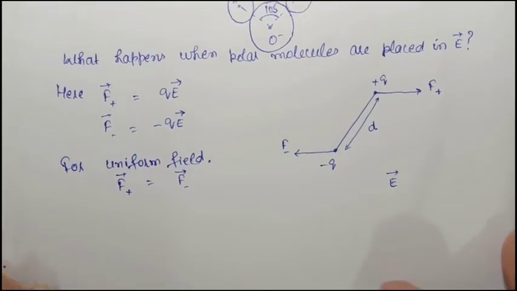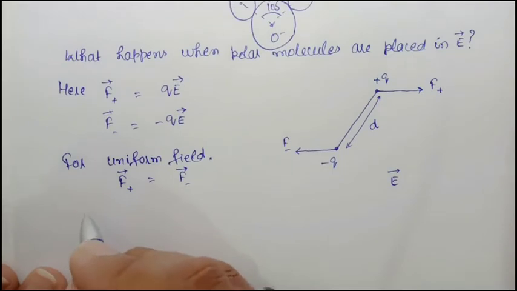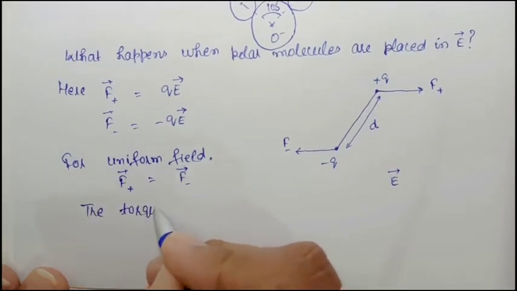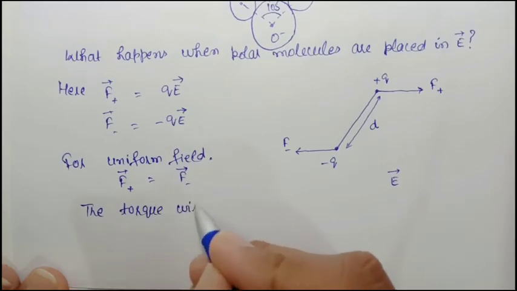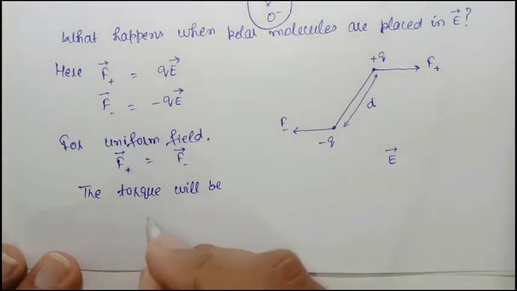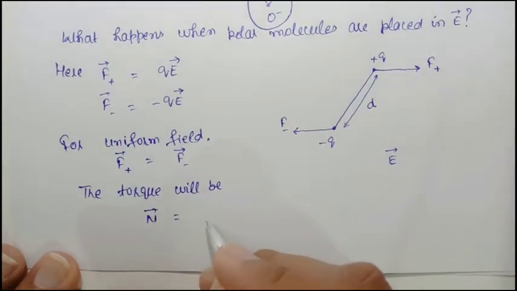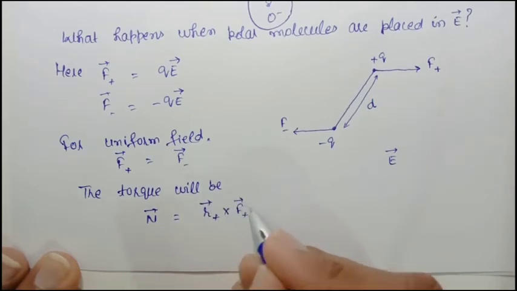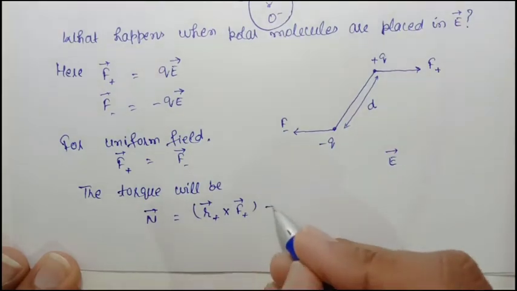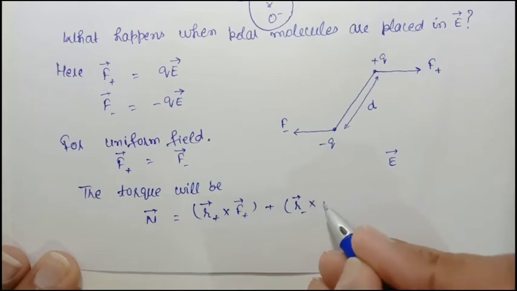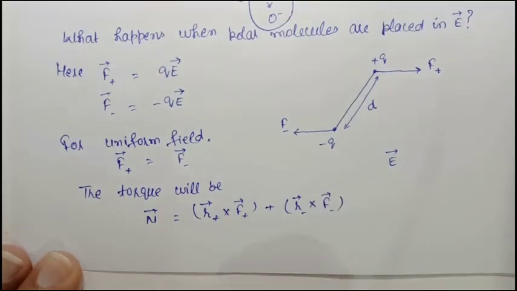And the torque will be, that is, N equals R positive cross F positive plus R negative cross F negative.